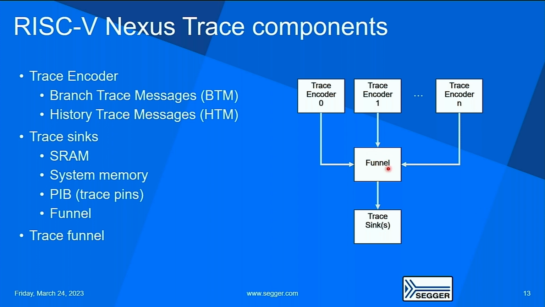We have a funnel that collects all this, and then a trace sink that outputs this anywhere. One interesting feature here, though, is that this funnel from RISC-V is all, again, interconnectable to other architecture types. So you could have technically RISC-V and ARM tracing on the same SoC and then put it in the same funnel and use the same pin interface. So this is technically supported. Time will tell if anybody will do it.